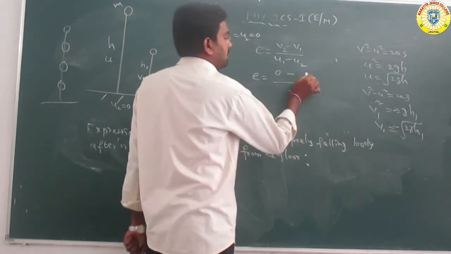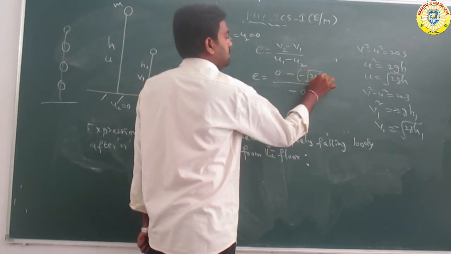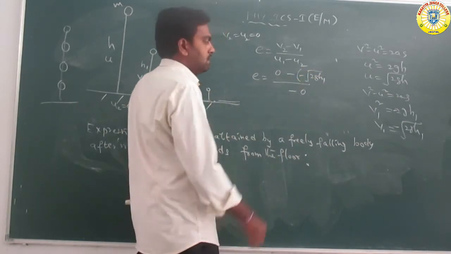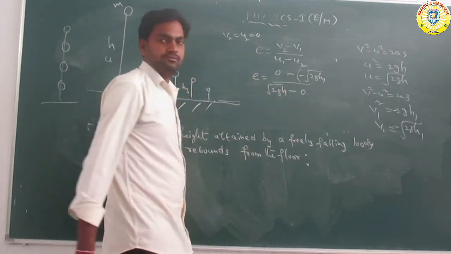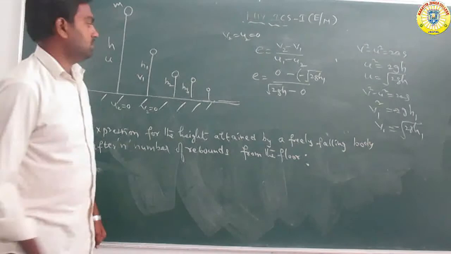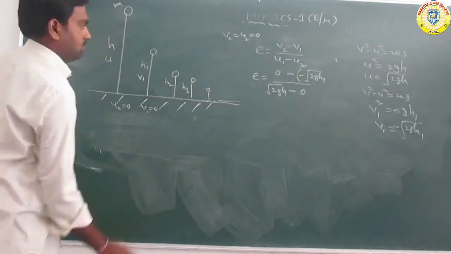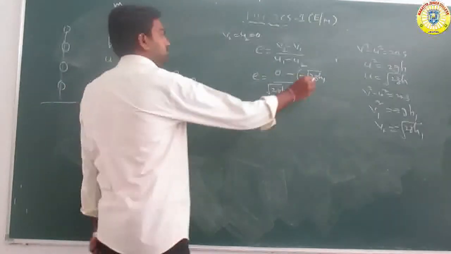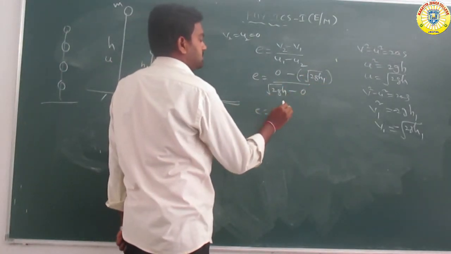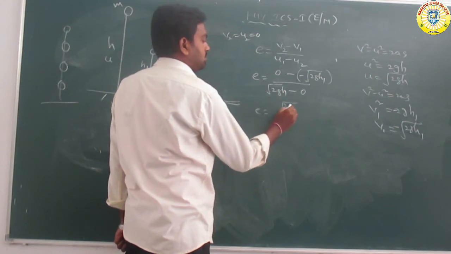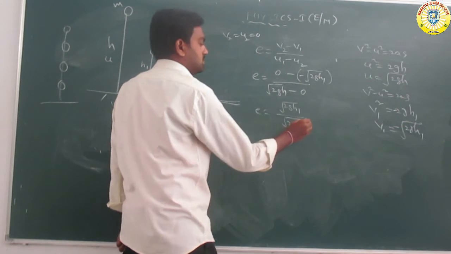Minus into minus gives plus, so it is under root of 2gh1. Next, u1 is equal to under root of 2gh. So E is equal to under root of 2gh1 by under root of 2gh.